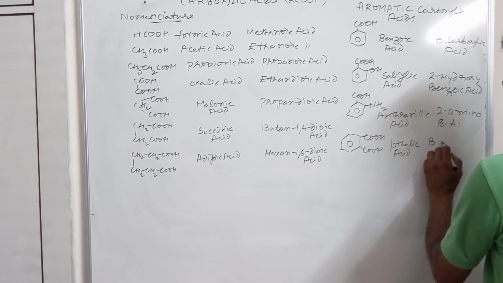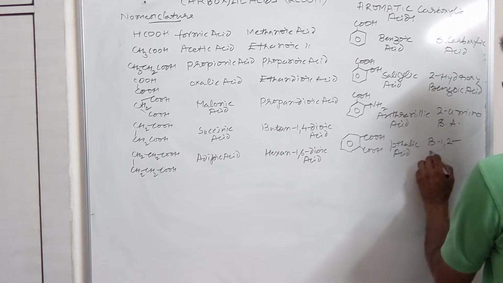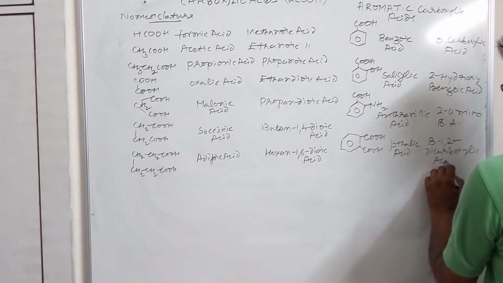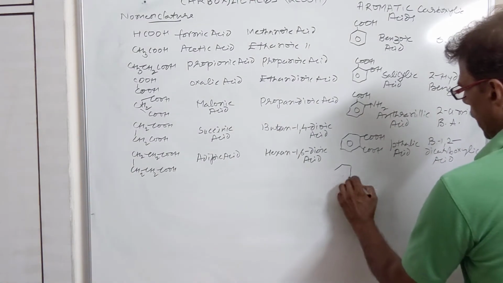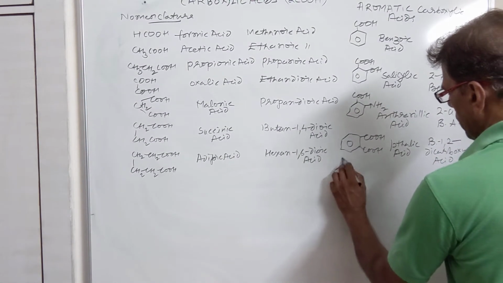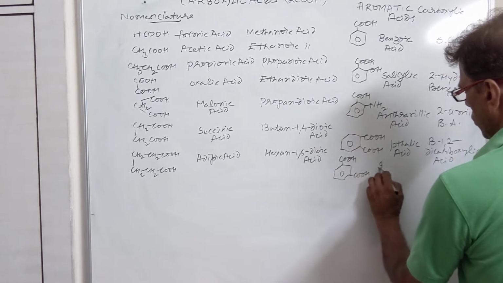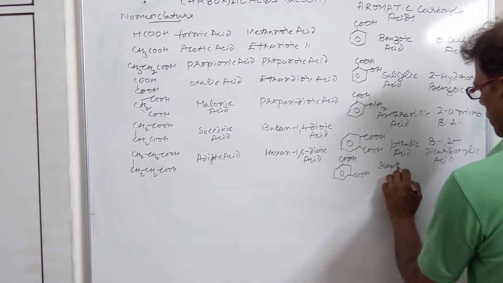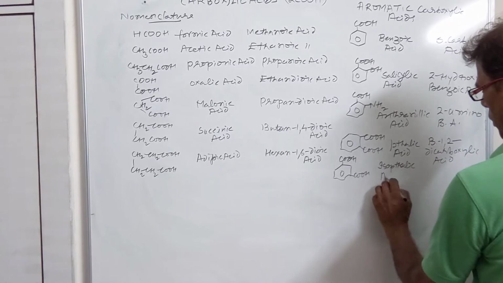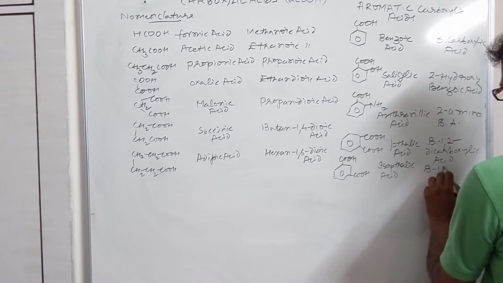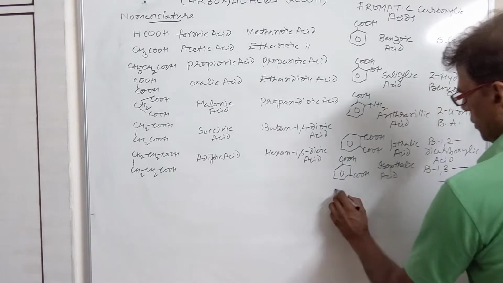IUPAC name is benzene 1,2 dicarboxylic acid or dioic acid. Similarly, we have 1,3 derivative. This is called as isophthalic acid. IUPAC name will be benzene 1,3 dicarboxylic acid.